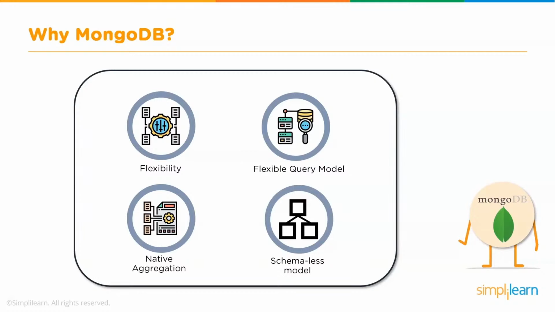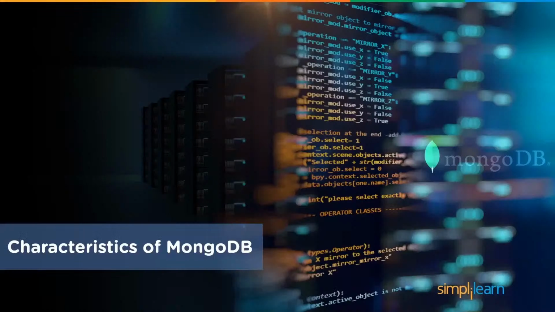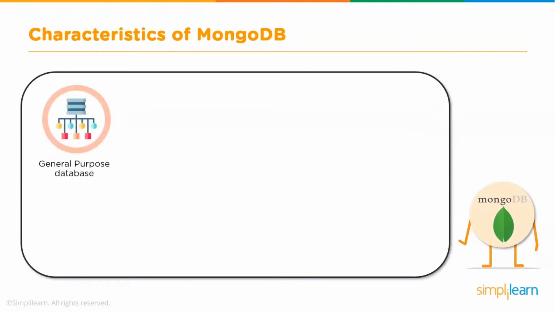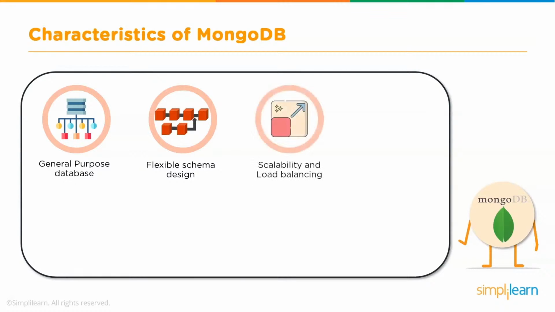Now that you know what MongoDB is and why exactly it's used, let's have a look at the characteristics of MongoDB. Firstly, it's a general-purpose database. Now, MongoDB can serve heterogeneous loads and multiple purposes within an application. Again, it has a flexible schema design. Document-oriented approaches with non-defined attributes that can be modified on the fly is a key contrast between MongoDB and any other relational database.